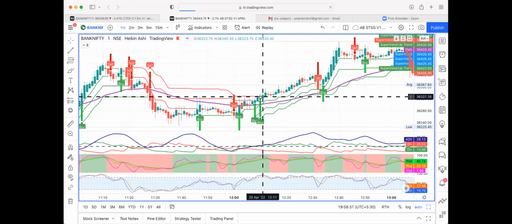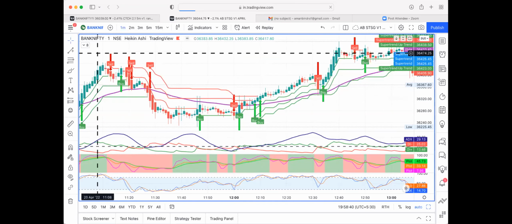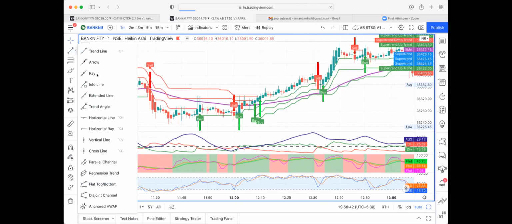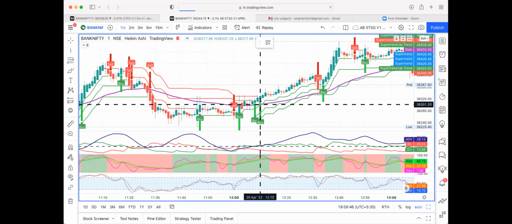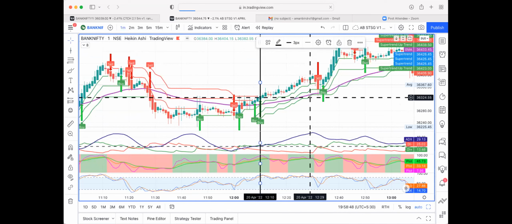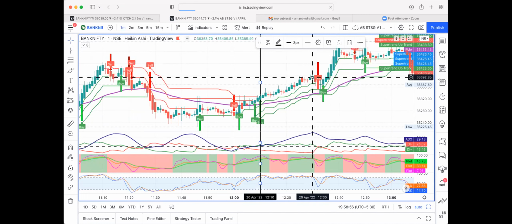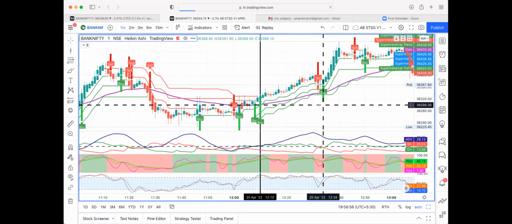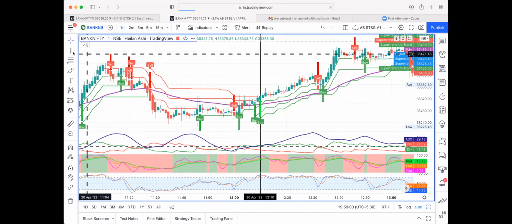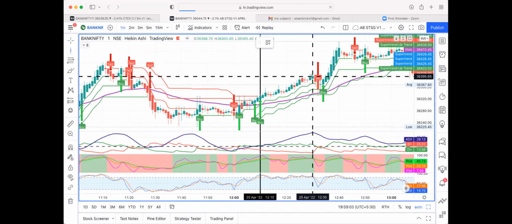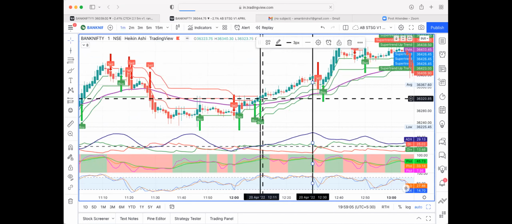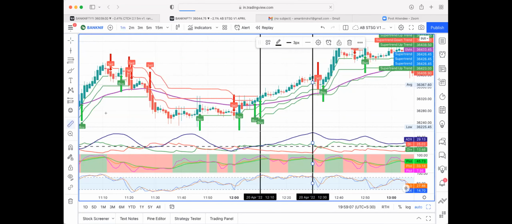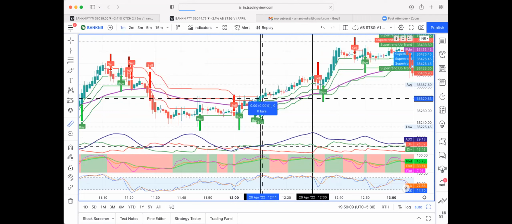If we would have taken the trade on this candle, the third candle, and exited according to the stochastic, as soon as the stochastic is again going downwards, then from here till here we have earned a good number of points.